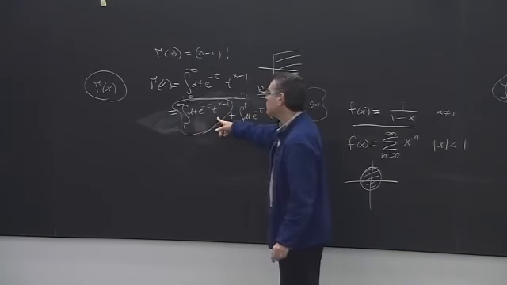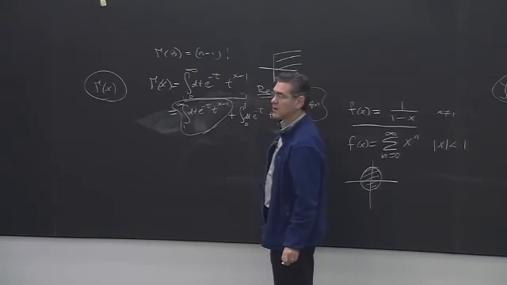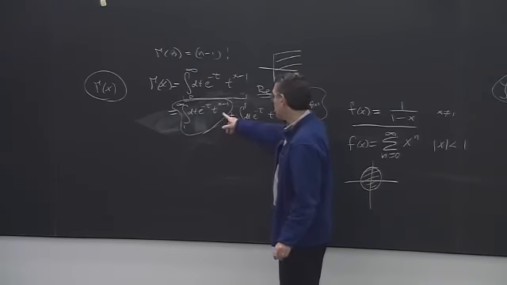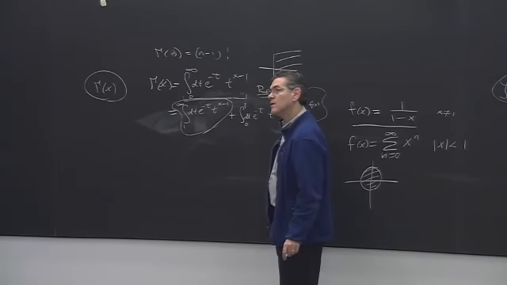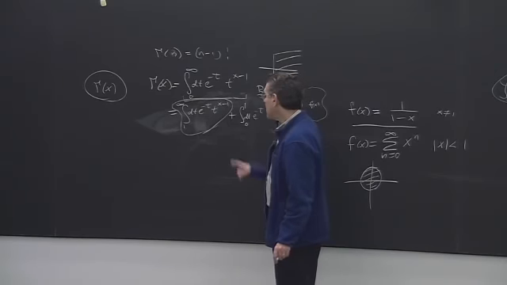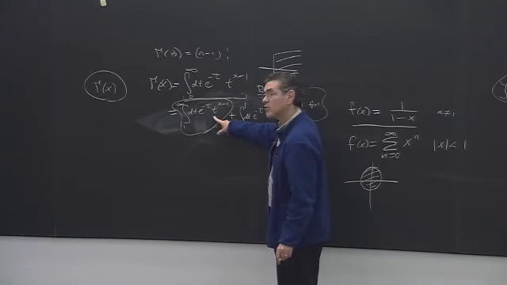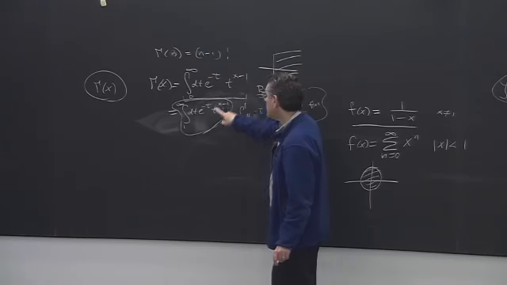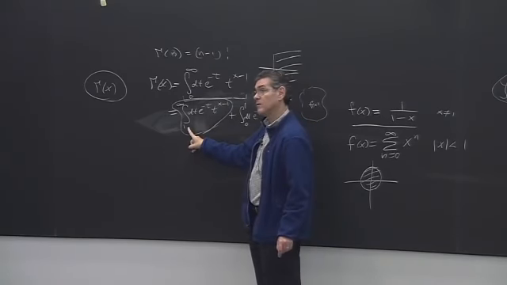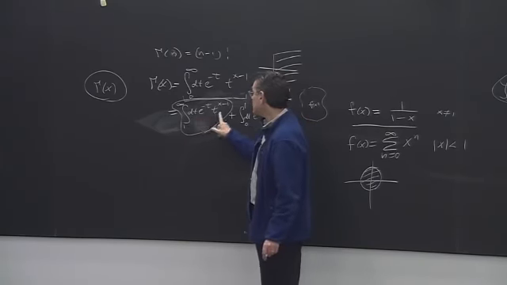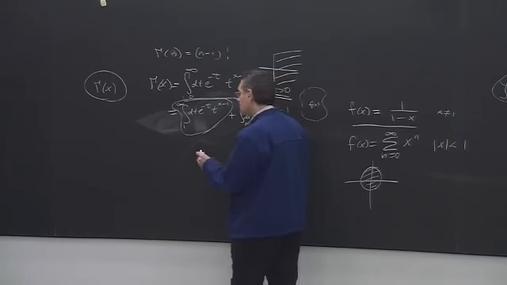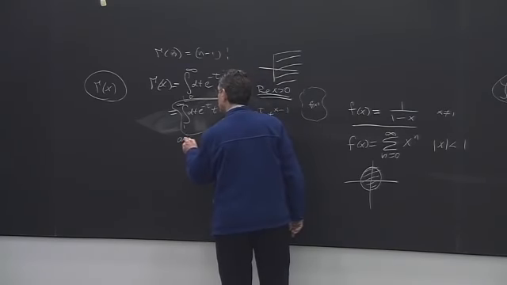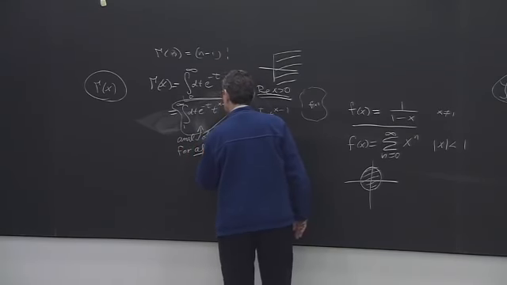How does it behave as a function of x? Can x be 0 here? There's no problem with the integral diverging at t equals 0 because I'm integrating from 1. In fact, this integral exists and defines an analytic function of x for all x.